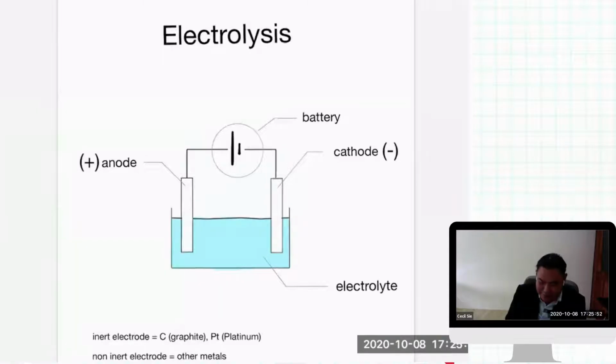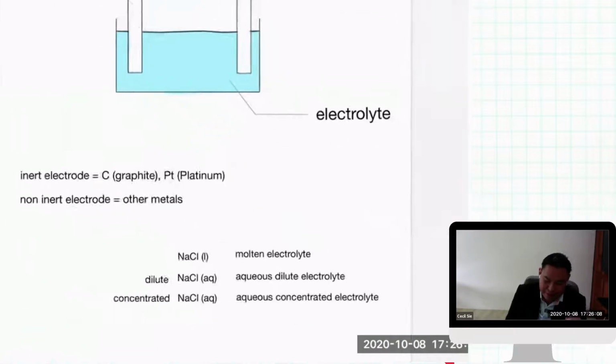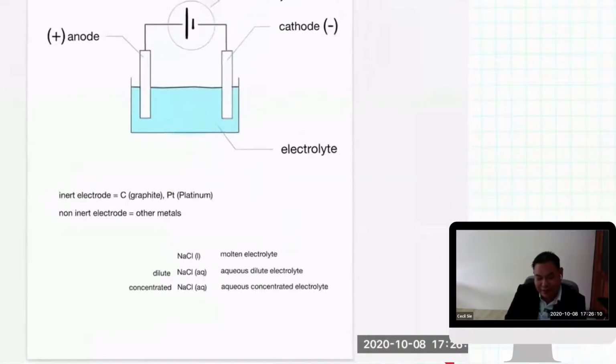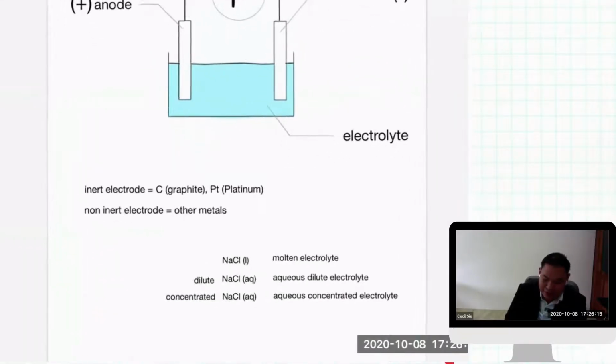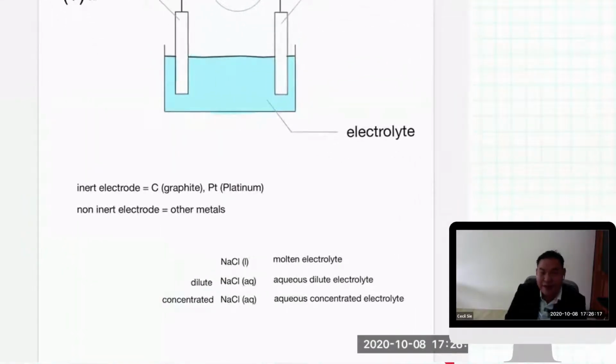Now, this one, the solution is called electrolyte. As long as you have a liquid and the liquid can conduct electricity, then that liquid is called electrolyte. For us in O level or secondary level or IGCSE, we learn only 3 types.